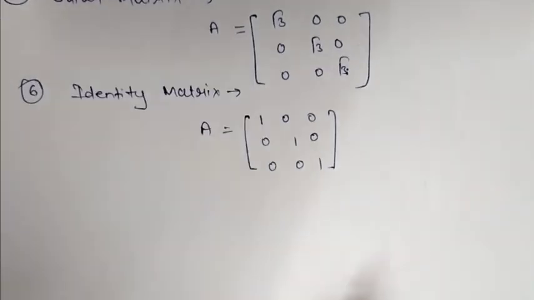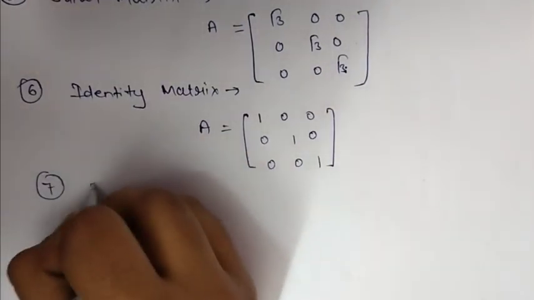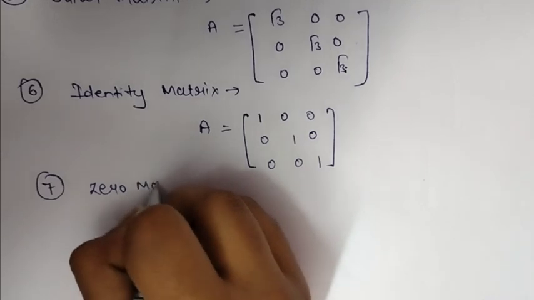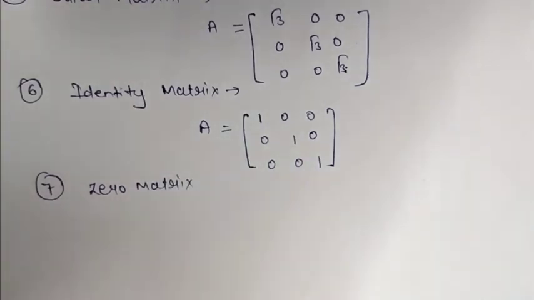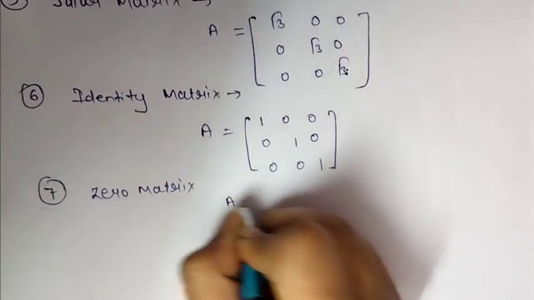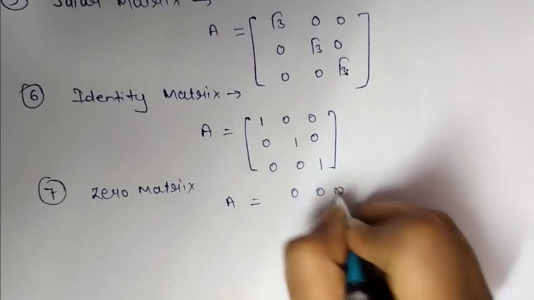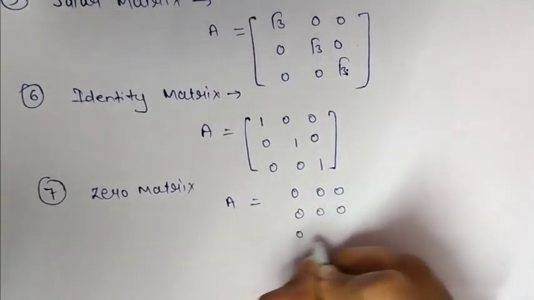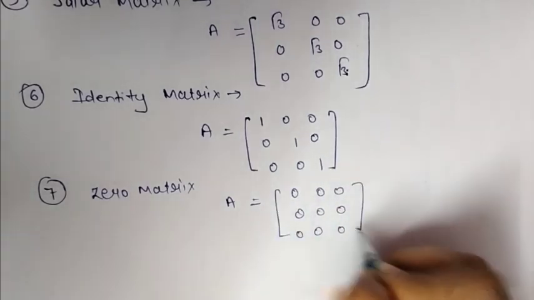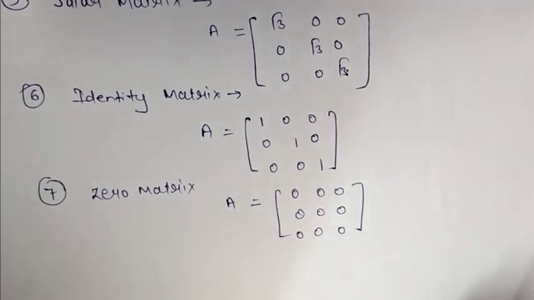And the last one is the seventh one, zero matrix. A matrix is said to be a zero matrix or null matrix if all its elements are 0. If we are having a matrix A equals to 0, 0, 0, all the 3 rows and all the 3 columns are 0, then this is known as zero matrix.